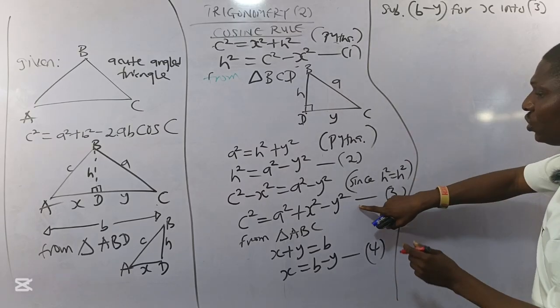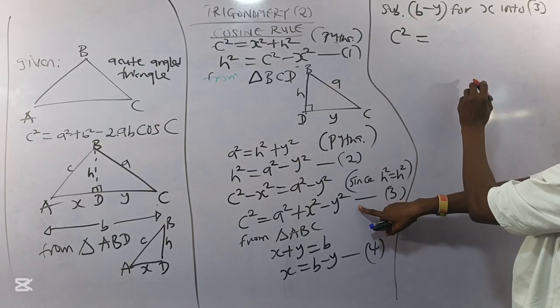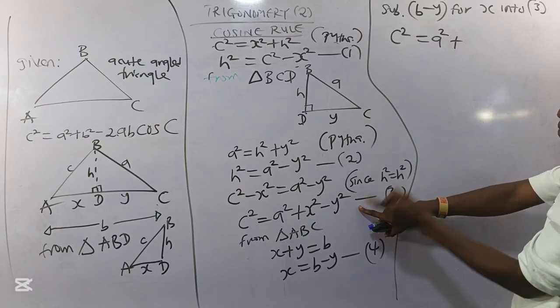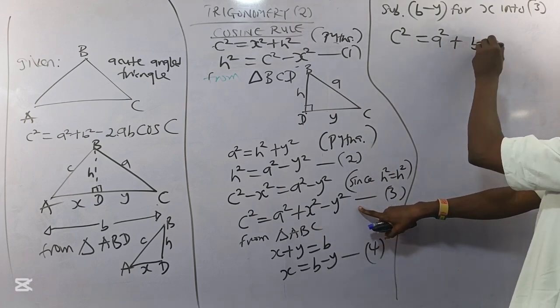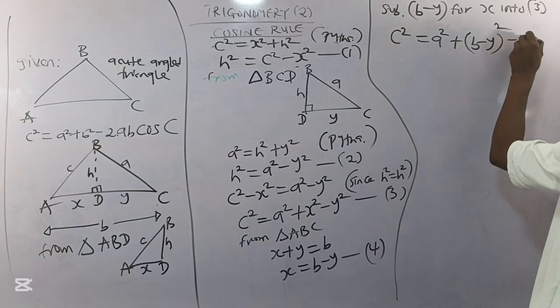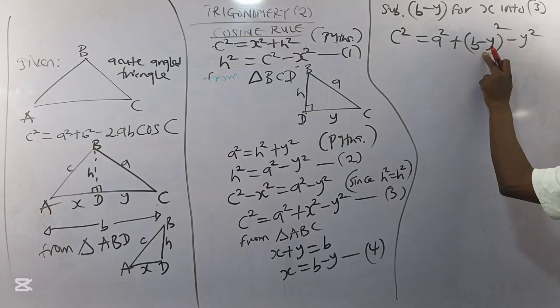So if I'm putting it into 3, I have C square equals to A square plus the value of X, which is B minus Y, B minus Y, close bracket, square, minus Y square. So to save my space, let me expand this.